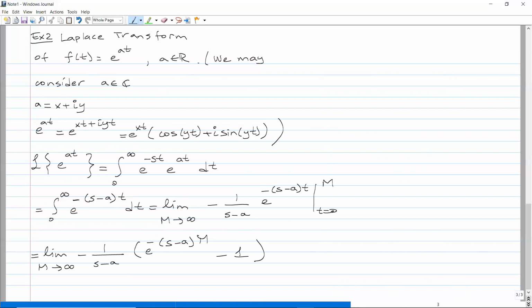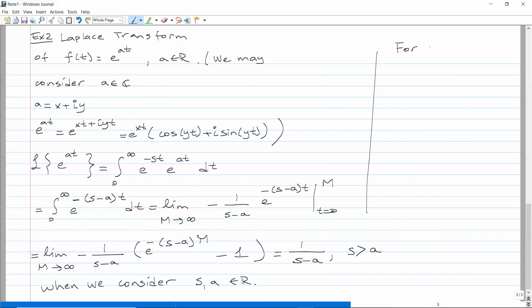Now, again, it's the same thing. The limit is 0 when the coefficient of m is negative, meaning s minus a is positive, so s greater than a. So this limit is going to be 1 over s minus a for s greater than a, if you consider s and a as real numbers.